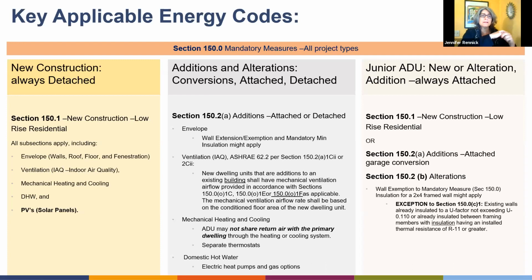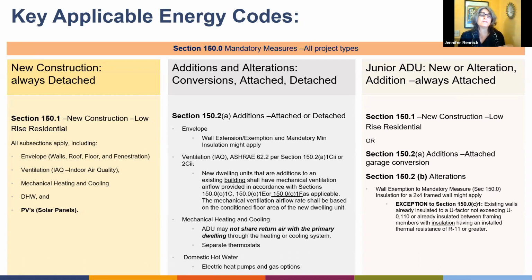Probably the easiest to understand is brand new construction, standalone, with nothing there before. You build this brand new structure and call it an ADU. That is going to have to comply with all the energy code elements for new construction, low-rise residential, including the solar panels, the PV.